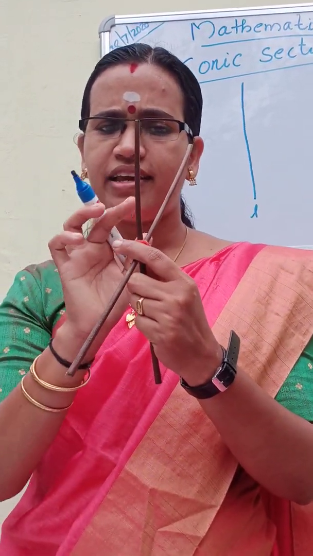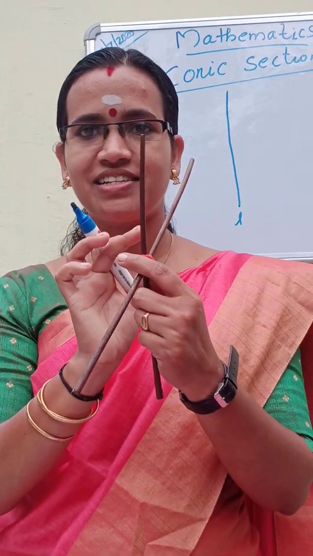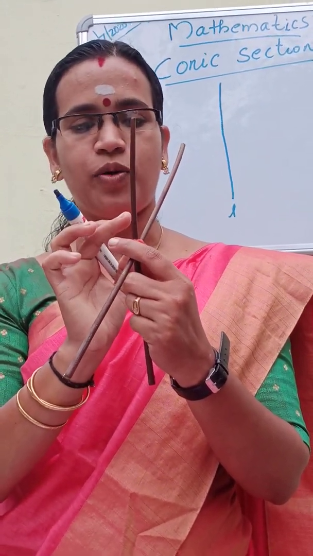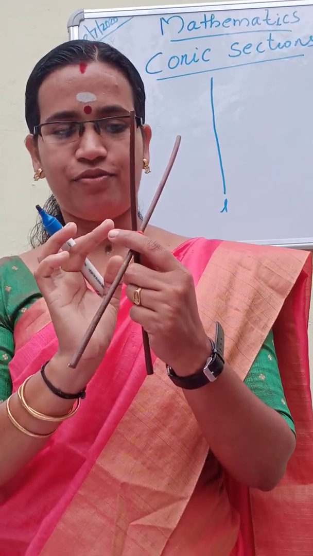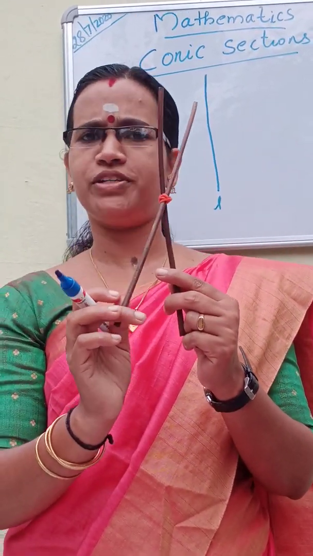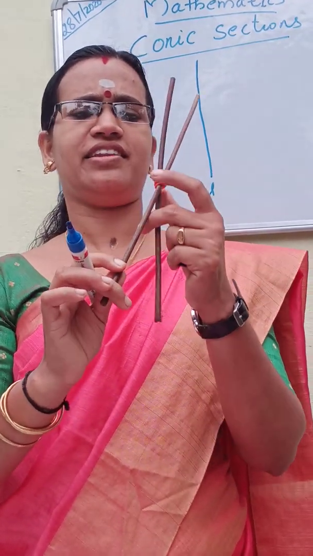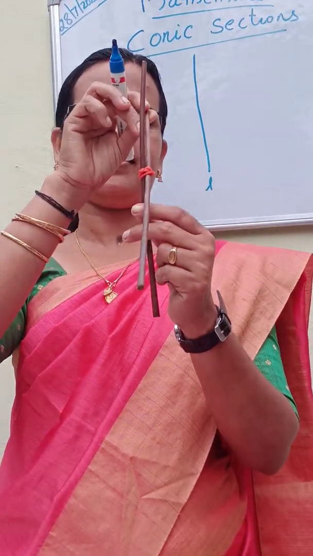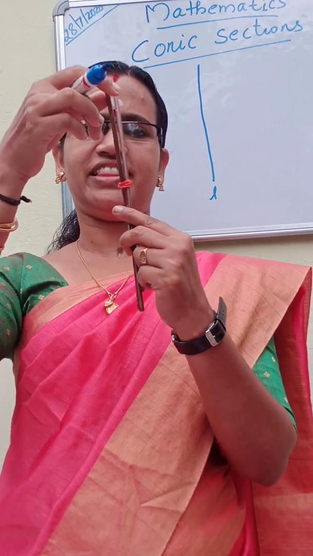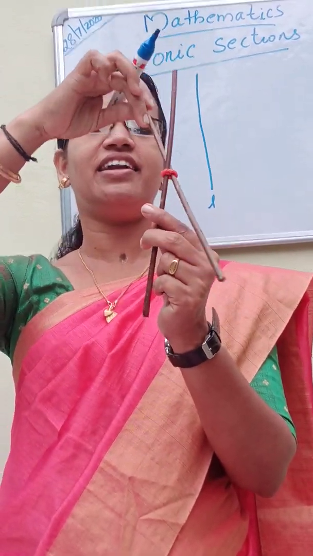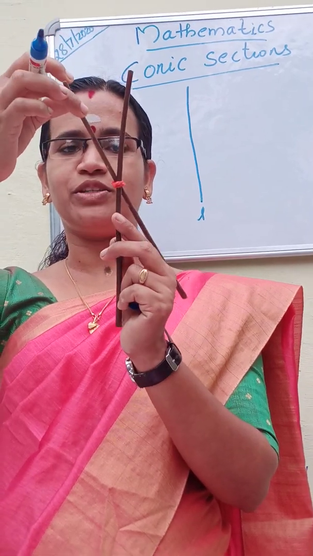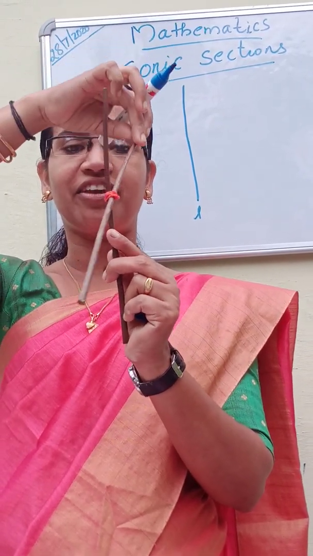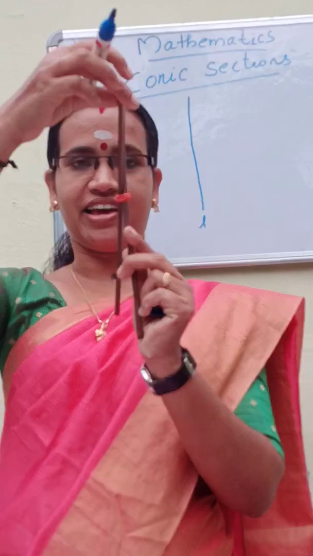Here an angle is formed. Let the angle be alpha. I am going to rotate this straight line in such a way that the angle remains constant.